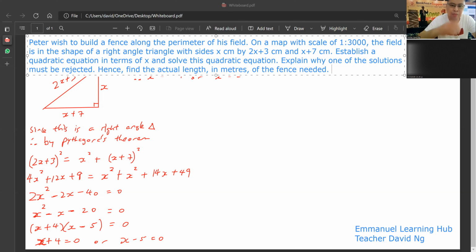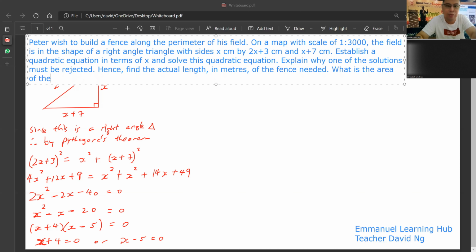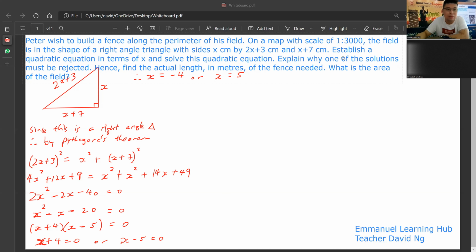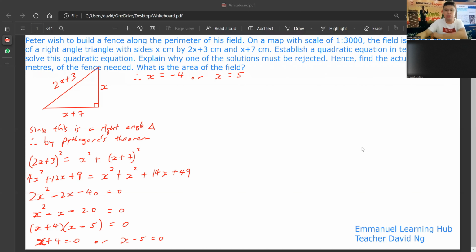Then after that, what is the area of the field? Okay, this is the full question.